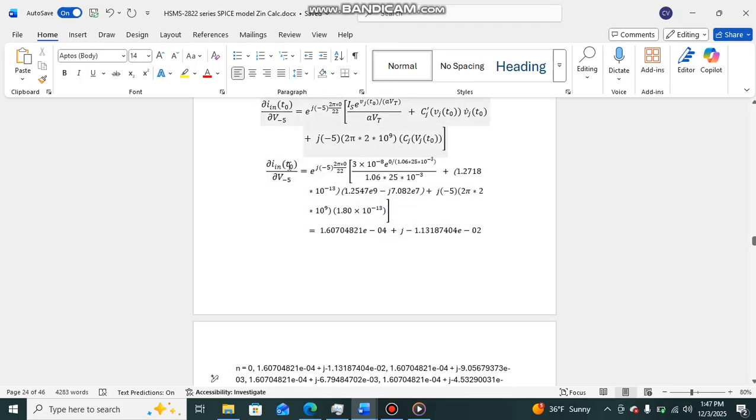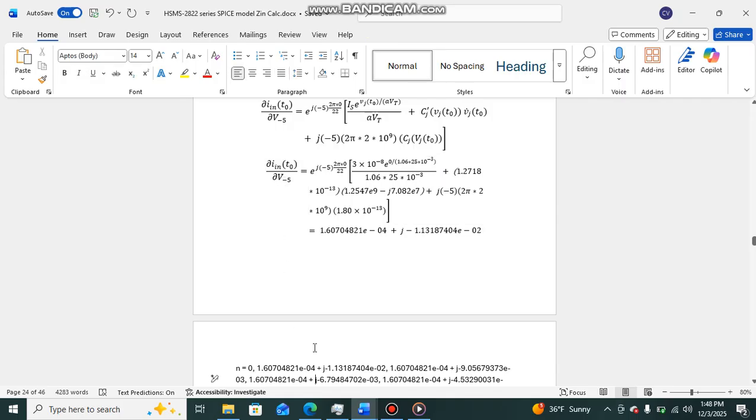We can plug in our negative K, our voltage at V negative 5, and Tn, our N values. And we do the current versus the voltage.